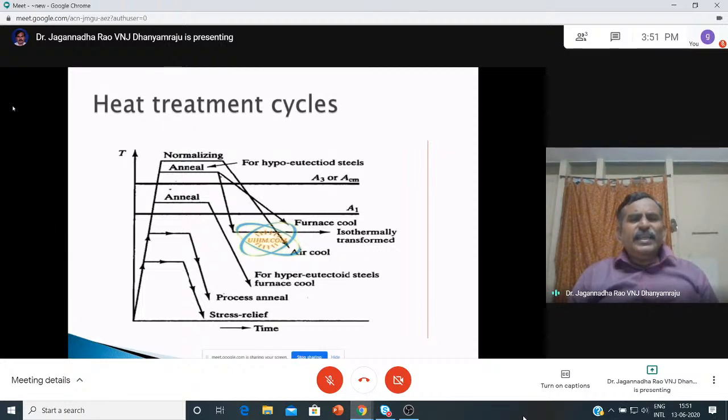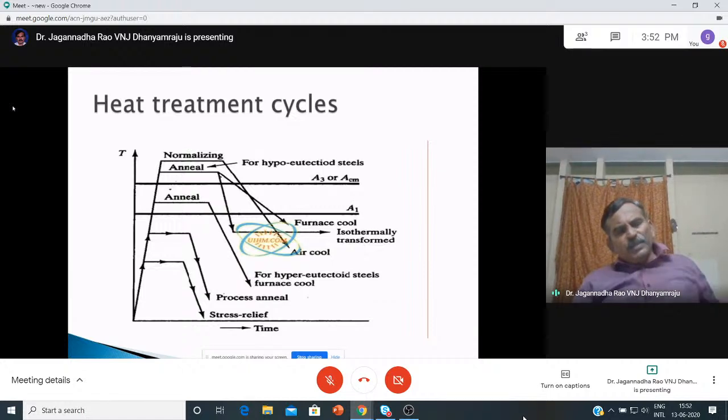Now let us see the heat treatment cycles. This figure shows the heat treatment cycle for annealing and normalizing. There are a variety of heat treatment cycles. In each cycle there is a heating phase, a soaking phase, and a cooling phase.